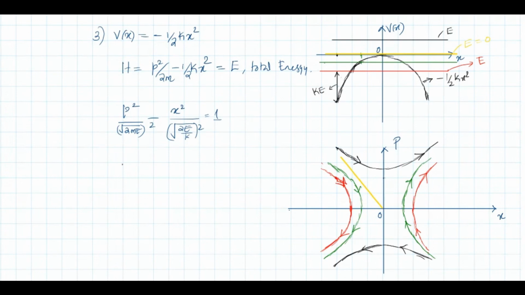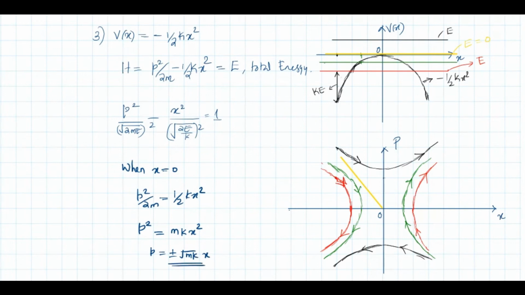Because when E equal to 0, p square by 2m equal to half k x square, or p square equal to mk x square, or p is equal to plus or minus root mk into x. So it is a linear curve. Now I am plotting p equal to minus root mk x, and this direction is like this.